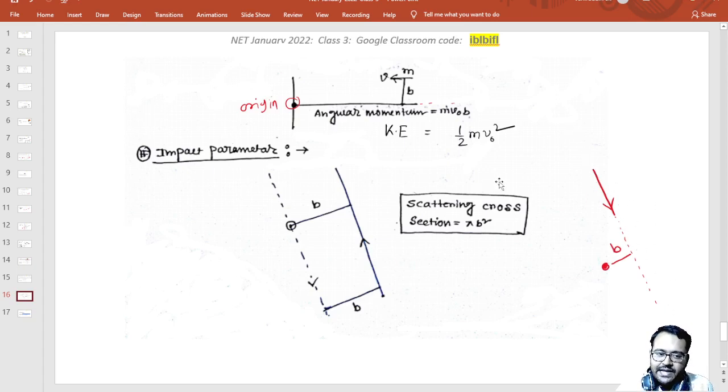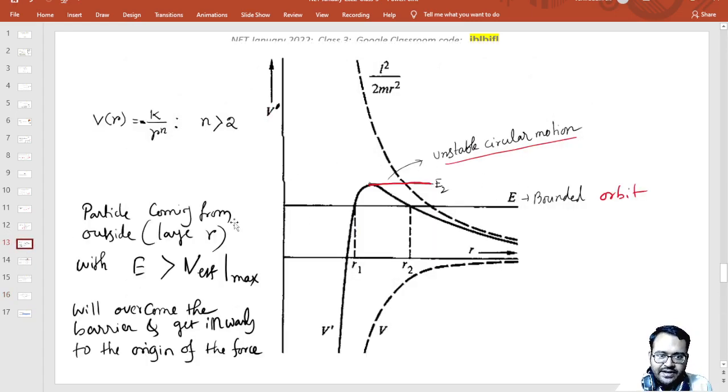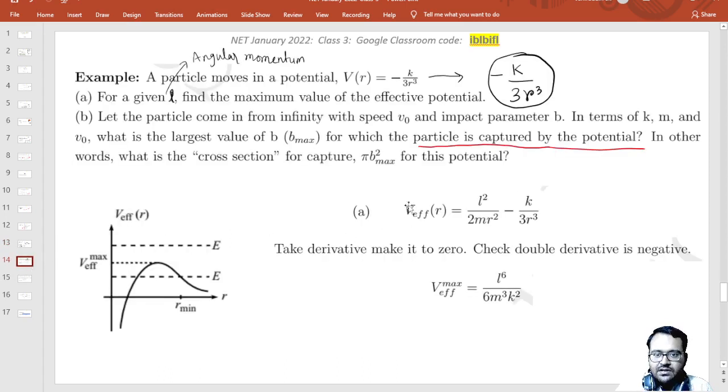But capturing means it is overcoming the barrier. So for a particle coming from outside with E greater than the effective potential, it will overcome the barrier and may land directly on earth, towards the origin of the central force. Because of this practical implication, we study this problem in depth.